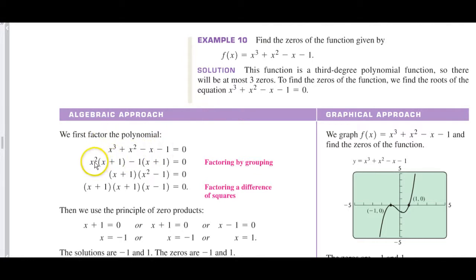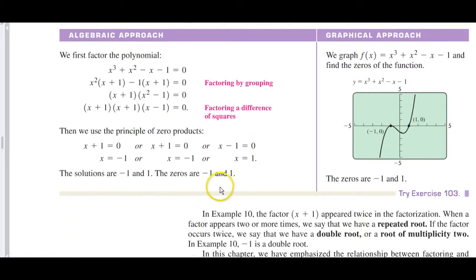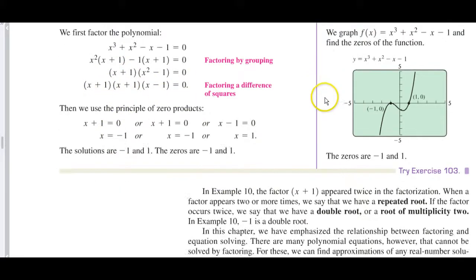Again, we get here the x squared minus 1, which is this here, which we will factor into its conjugates. And then you get 2 answers the same. x equals 1, x equals -1, and x equals -1. So these are the zeros.